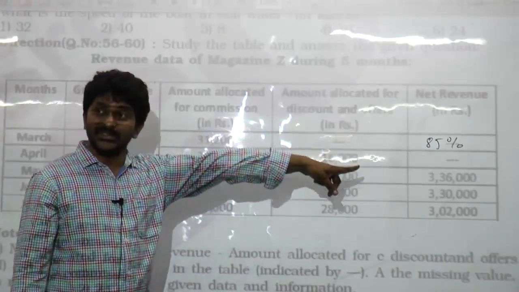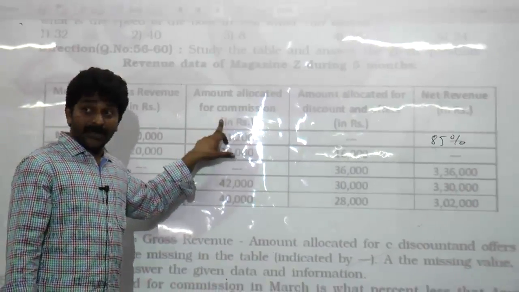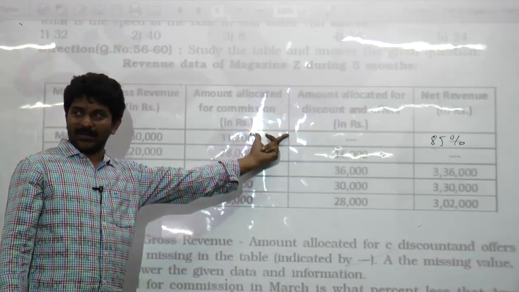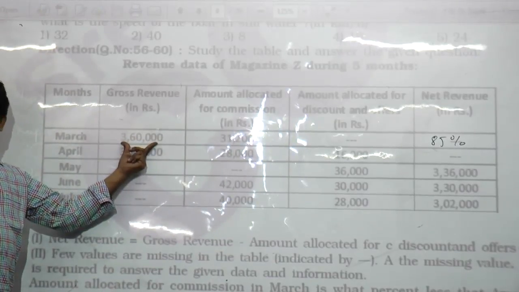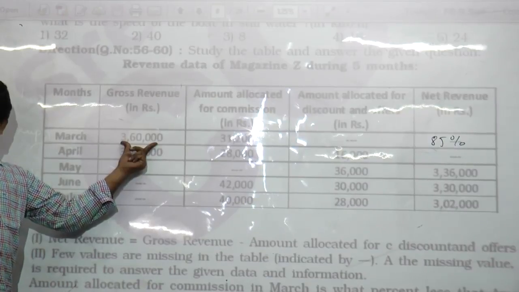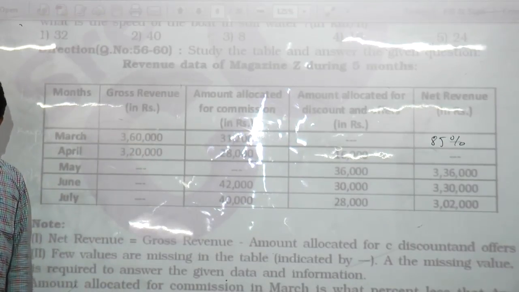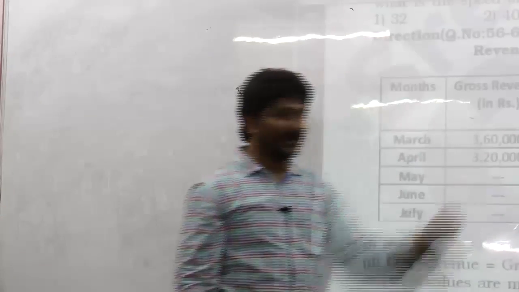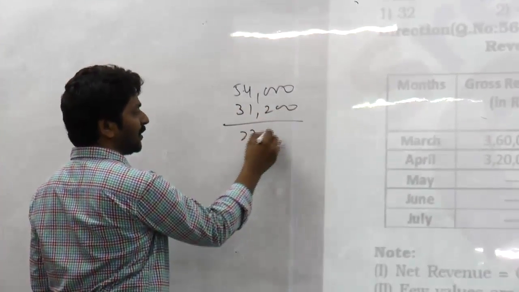If net revenue is 85% of gross revenue, the amount allocated for commission and discount and offers together will be 15%, right? 15%: 10% is 36,000, 5% is 18,000, 36,000 plus 18,000 is 54,000. From 54,000 if you subtract 31,200, you will get the other number. The answer is 22,800.